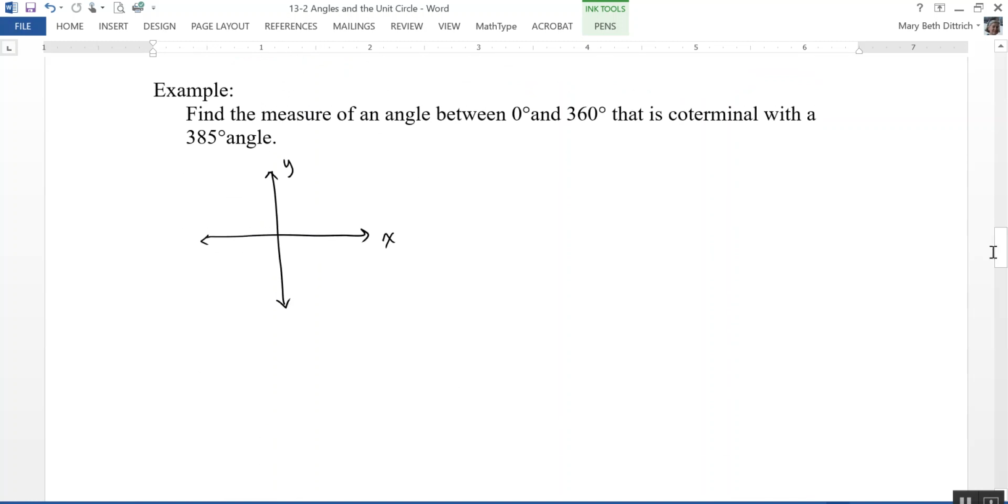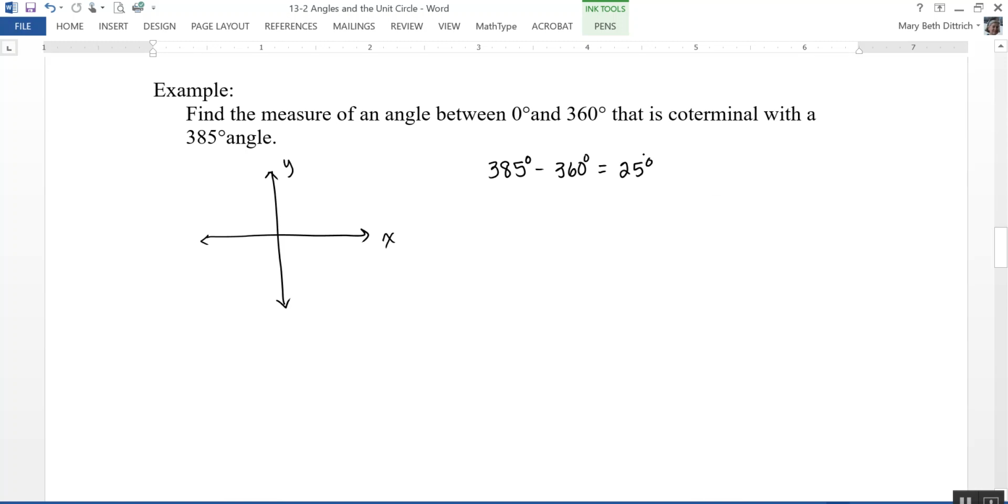This example says find the measure of an angle between 0 degrees and 360 degrees that is coterminal with a 385 degree angle. You can do this simply algebraically. 385 minus 360 gives me 25 degrees. But let's see what that looks like when drawing it.